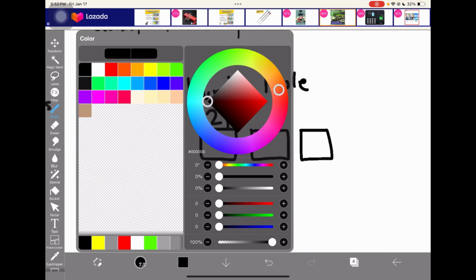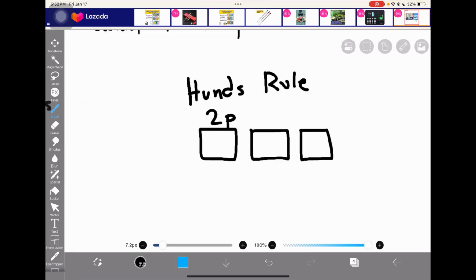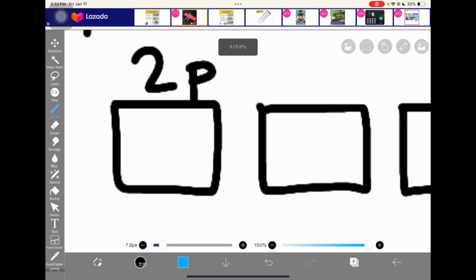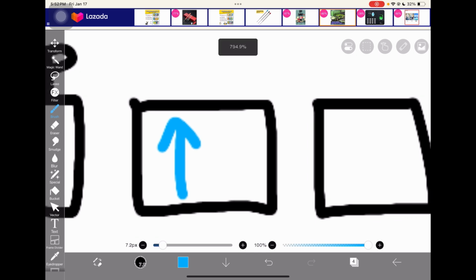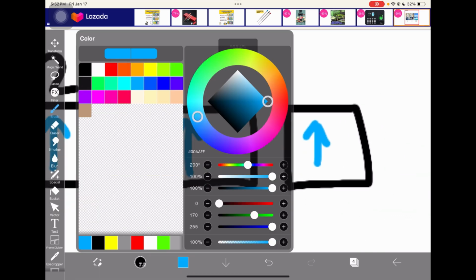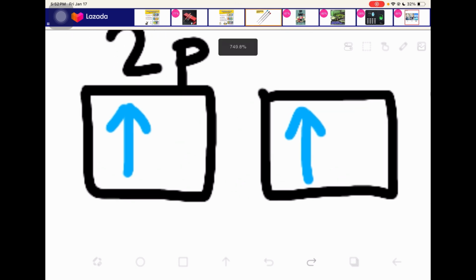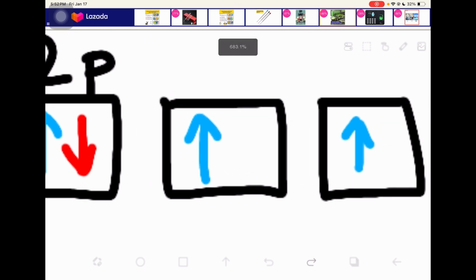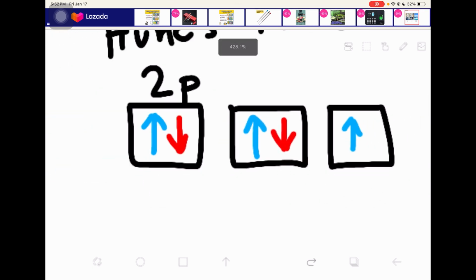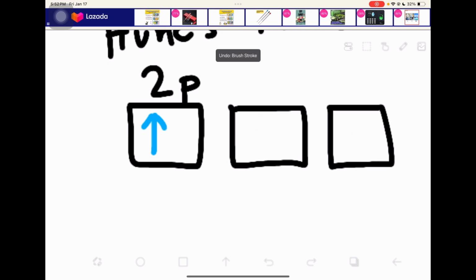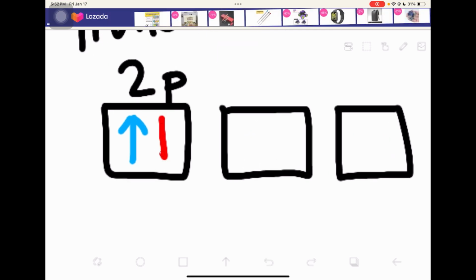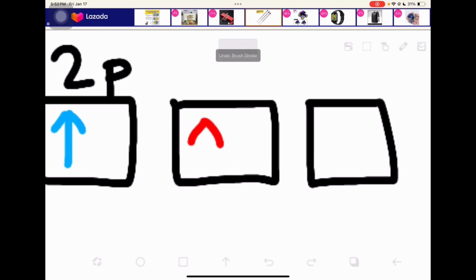So basically, we can't just do this. The correct way is that electron 1 goes here, electron 2 goes here, electron 3 goes here, then only once all these boxes have been filled, you can put a 2nd electron there, a 2nd electron there. So you can't do something like this. You have a first electron there, then a second electron there. No, that's wrong. You have to put one more here and another one here to satisfy Hund's rule.